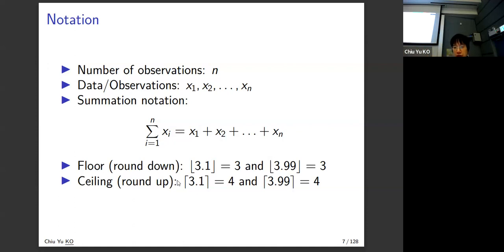Another two functions, which are also available in Excel, are the floor function and the ceiling function. The floor function is very simple: you just take the integer part and forget about the decimal places. The ceiling function, as long as the decimal part is not 0, adds 1 to the integer.